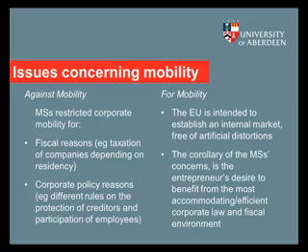And what we'll see as we go on is that this is true of states that adopt the real seat theory, but it's also true of states that adopt the incorporation theory, the more contractual approach to companies. Now, equally, there could also be corporate policy reasons for restricting mobility.